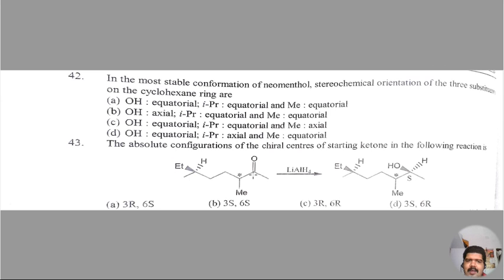So here the 3 will be R configuration, and now you need to select whether this carbon is S or R. It's very simple to do based on the atomic number rule, and it will be S configuration because this carbon gets the highest priority, then the ethyl group, then the methyl group, so it will be anti-clockwise, S. So 43, A is your answer.